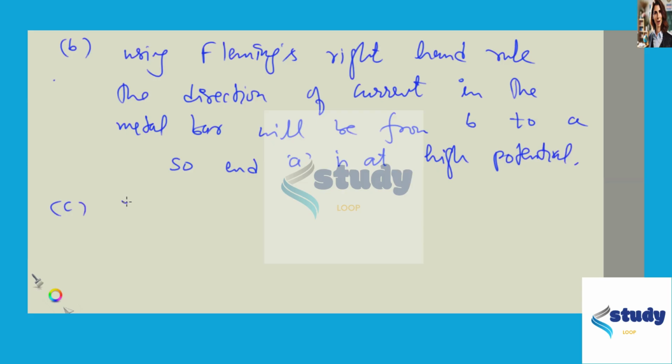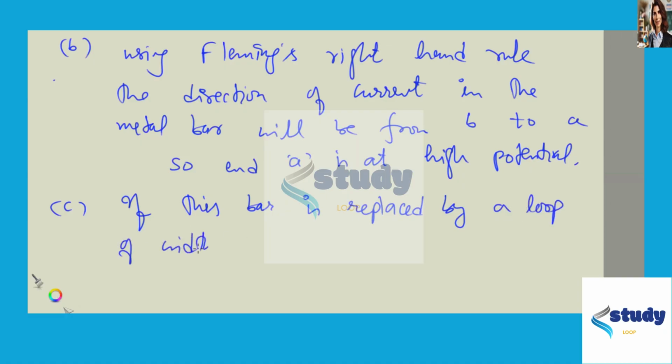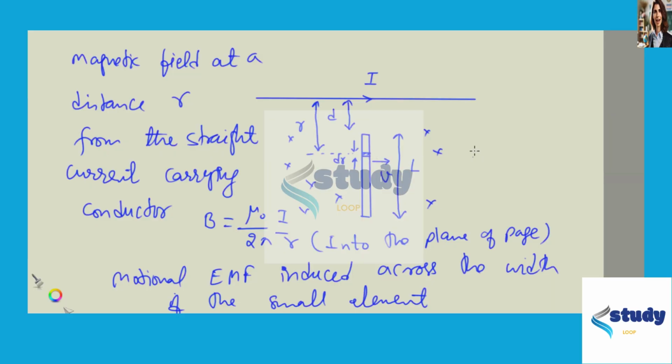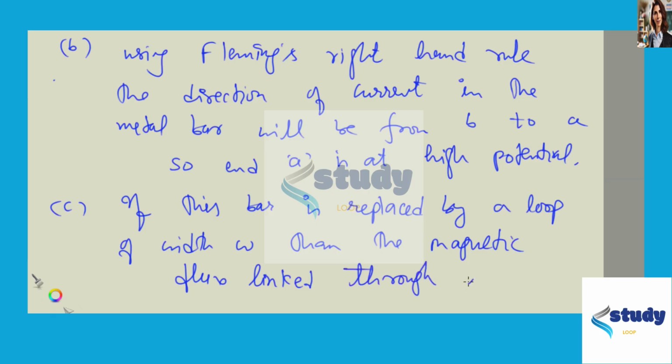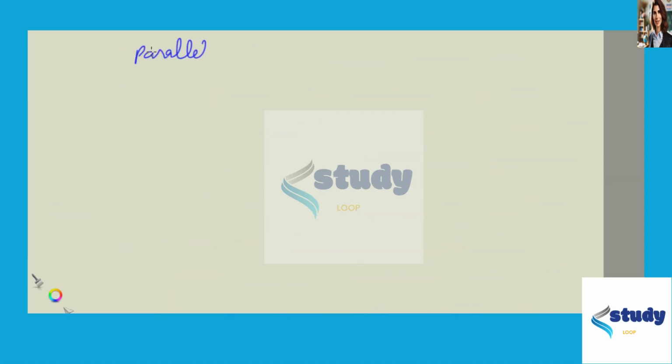Now, in the third part of the problem, if this metal bar is replaced by a loop of width W, then as the loop is moving parallel to the wire and in this parallel region, everywhere the magnetic field remains same, the magnetic flux linked through the loop will remain same at all the points parallel to the wire.